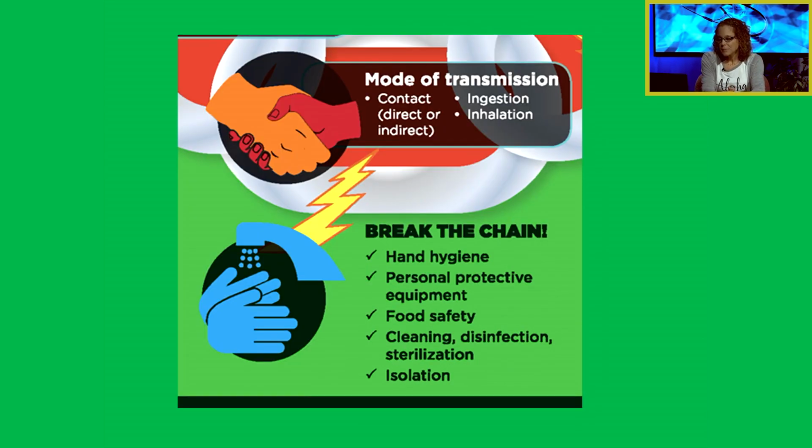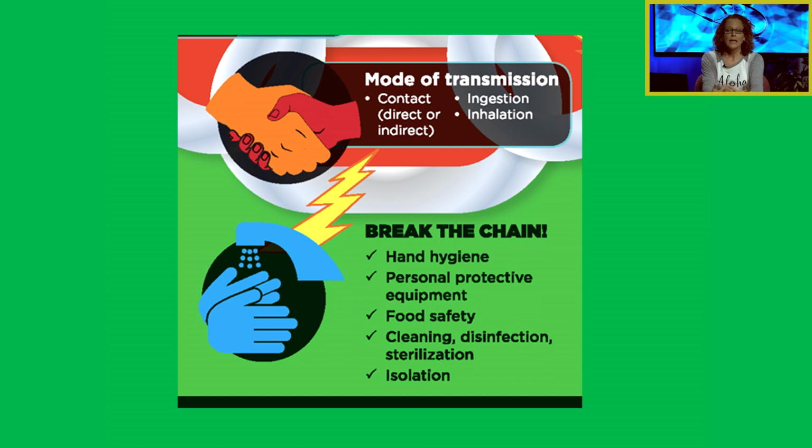There also has to be a mode of transmission that can be a contact, right? So this contact can be direct or it can be indirect, and we're going to talk about the difference. The mode of transmission can also be through ingesting something like contaminated water or a contaminated food source, or just breathing in, right?